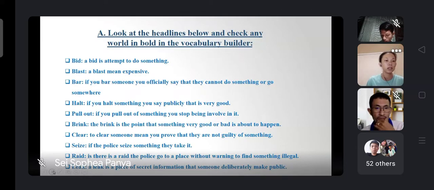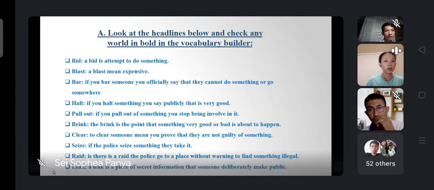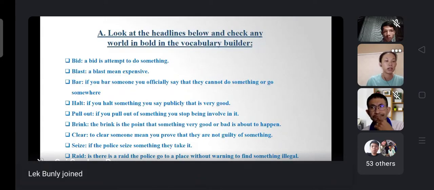Pull out. If you pull out of something, you stop being involved in it. Breakthrough is the point where something very good or bad is about to happen. To clear someone means you prove that they are not guilty of something.